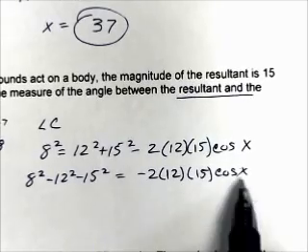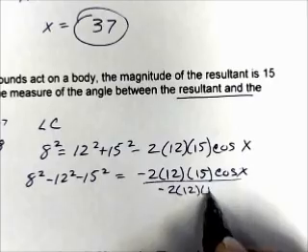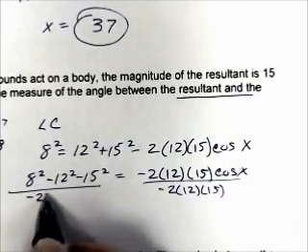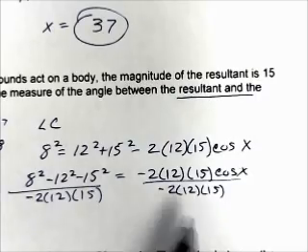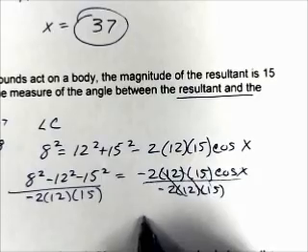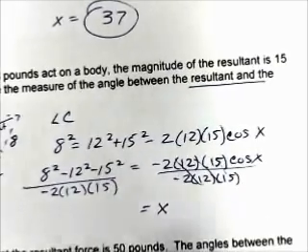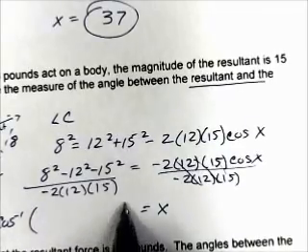And now undo the multiplication, divide by negative 2, 12, and 15. So we have cosine x is equal to this fraction, so x is going to equal the cosine inverse of that fraction.